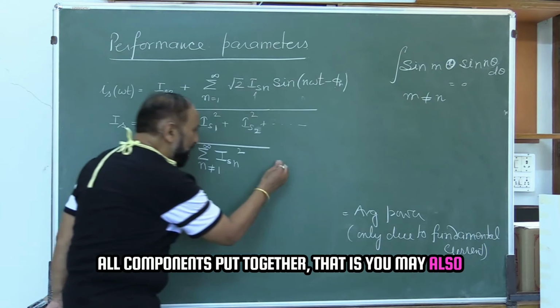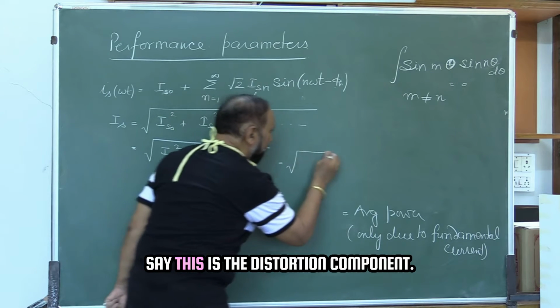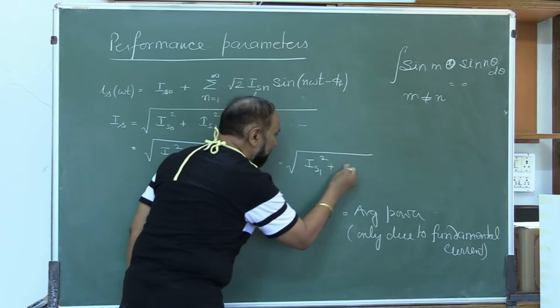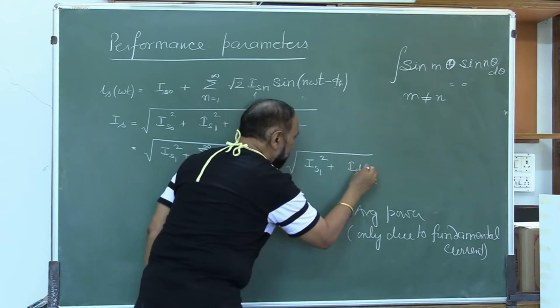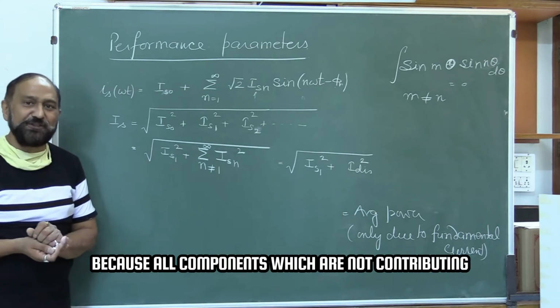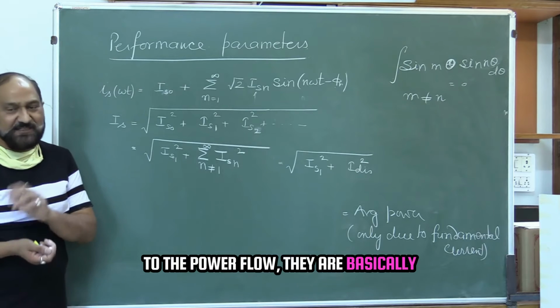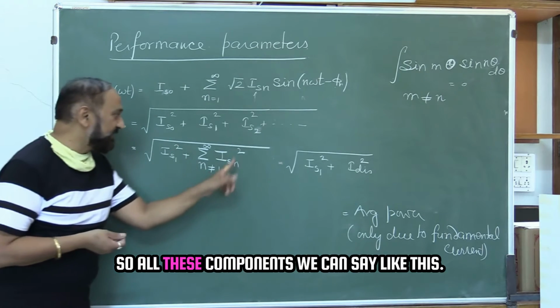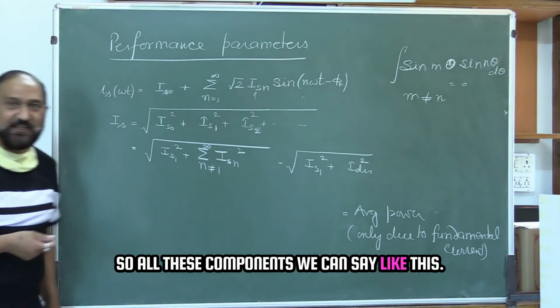You may also say this is the distortion component, because all components which are not contributing to the power flow are basically the distortion in the input current. So all these components we can say like this.